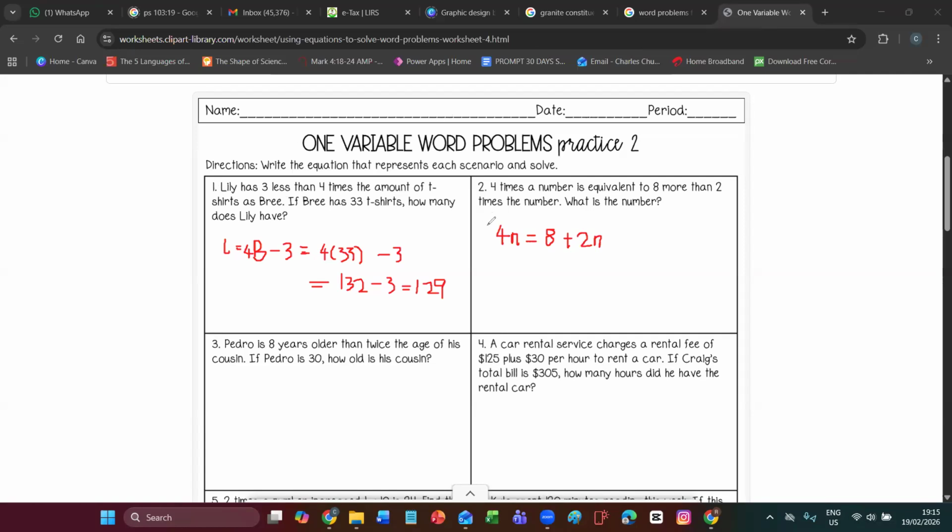Okay, so what will we do in this case? What do you think we'll do? Are we going to bring 8 over? Yes, we should bring 8 over to the other side. Or what about 4n?